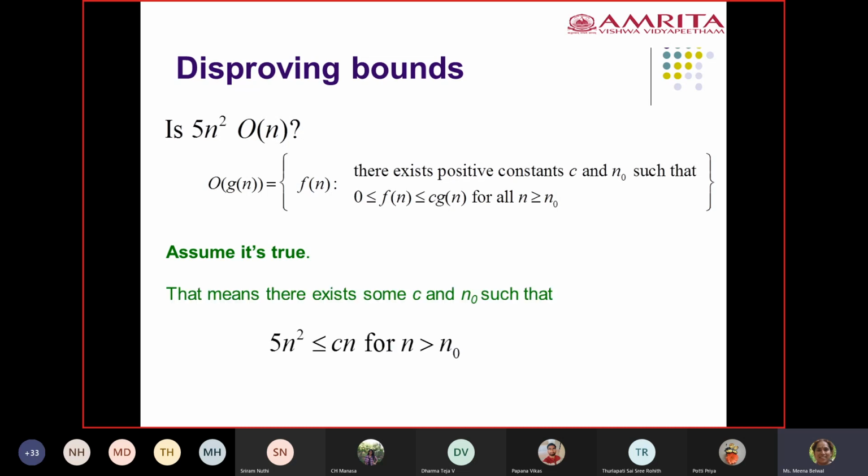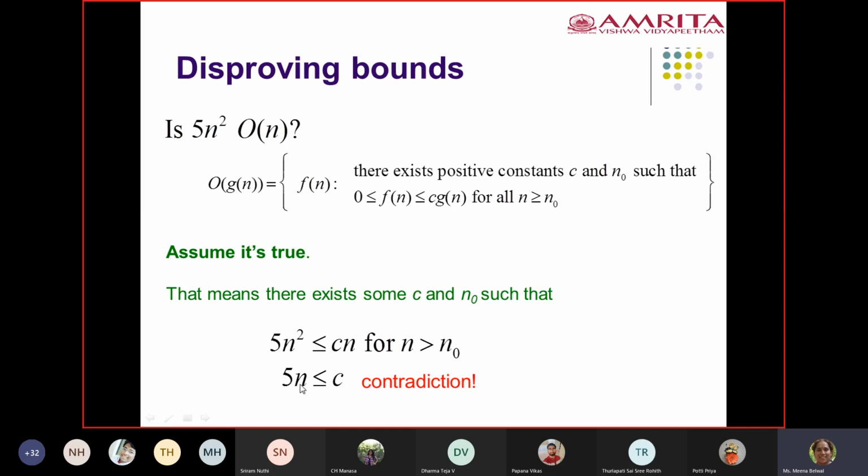Because if it is true, that means there exists some c and n0 such that 5n square is less than or equal to c of n for n greater than n0. Obviously, we will not be able to find such a constant. Then we will get 5n is less than or equal to c. It is not possible, because c has to be a constant.